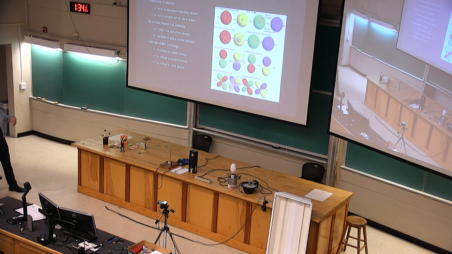And the nodes in a three-dimensional standing wave can be surfaces. You're going up in dimensions. And so there's a surface of node in the 2s orbital. There's a specific distance from the nucleus where there is no wave, where it's got no amplitude as it's measured.